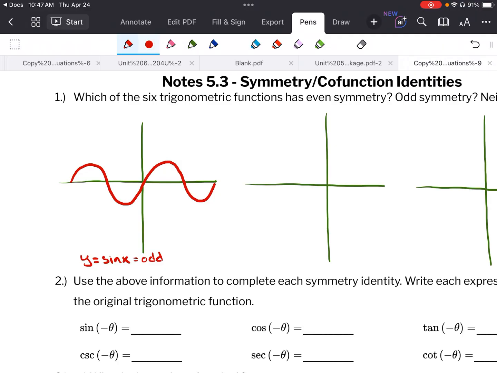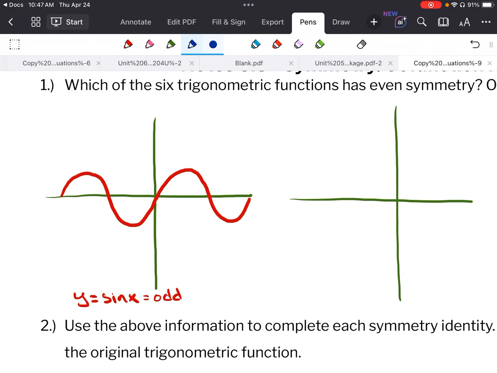Okay, what about the reciprocal function of sine, which is cosecant? So y equals cosecant x, and cosecant x looks like this.